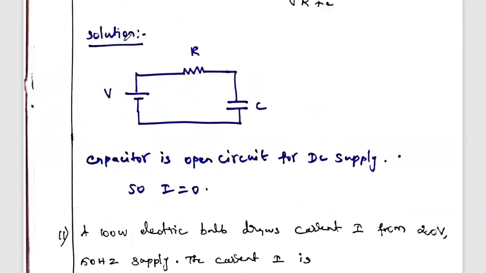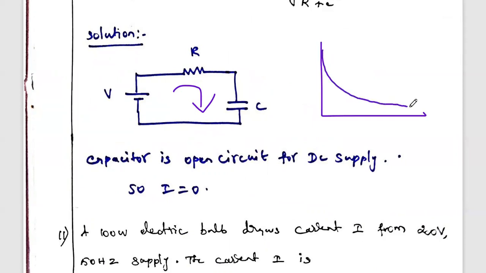You already know the formula for the current flowing through a series RC circuit, given in the previous video. This is the graph of the corresponding current flowing in the RC circuit. Initially the current flowing through this series RC circuit is maximum, V by R. Then slowly it decreases with respect to the time constant tau.